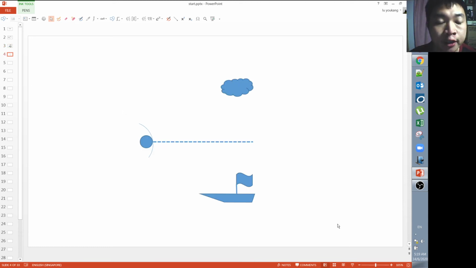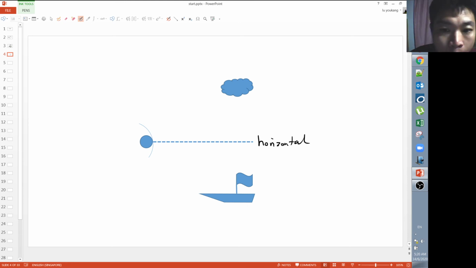Over here I would like to introduce to you the concept of the angle of elevation and the angle of depression. Over here you have your cloud, and this is where your line of sight is. This is your horizontal, which means it's directly to the right.